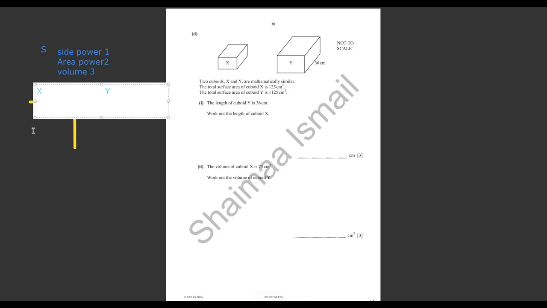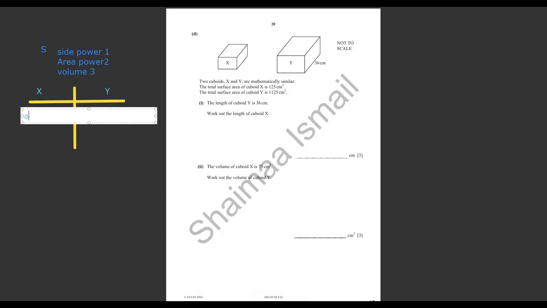Area 1 to 5. And he give you the length here is 36, of Y, not X. So we write the 36 down at the Y. Be organized. Make sure that you write the right answer in the right place.